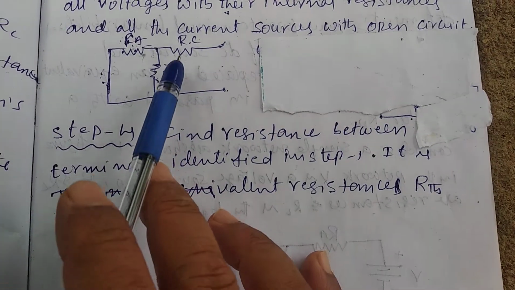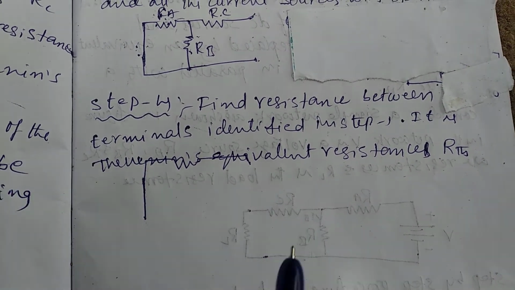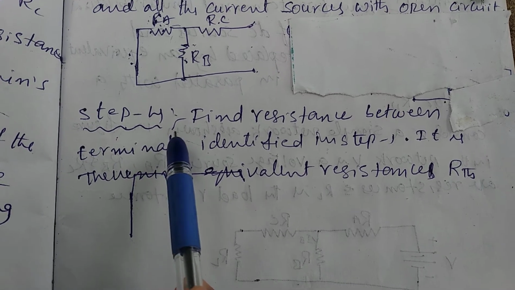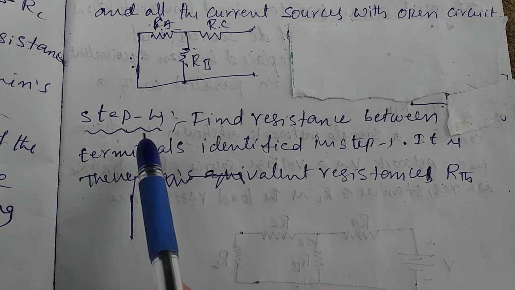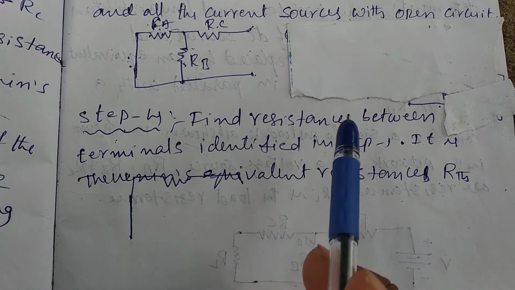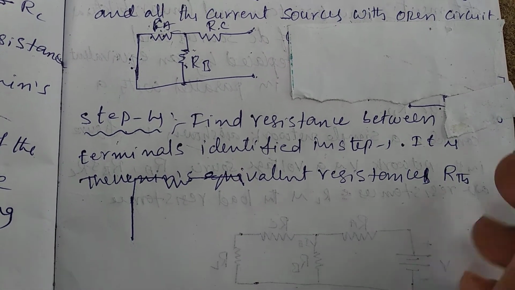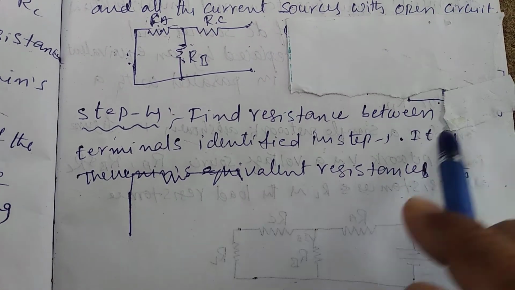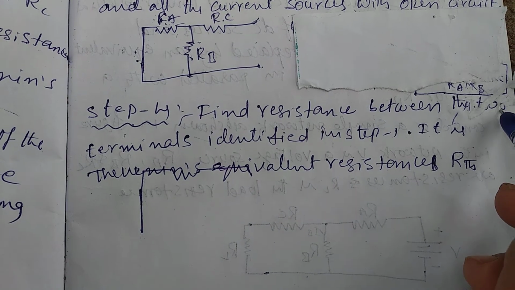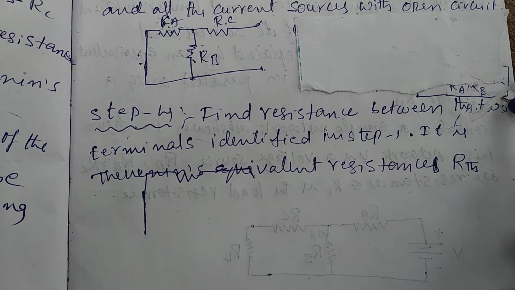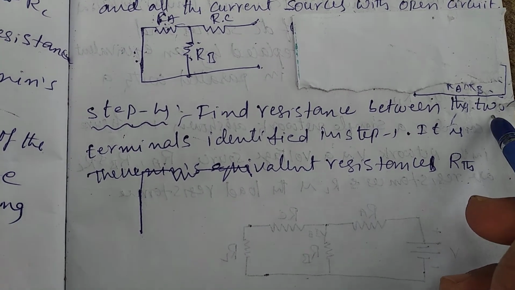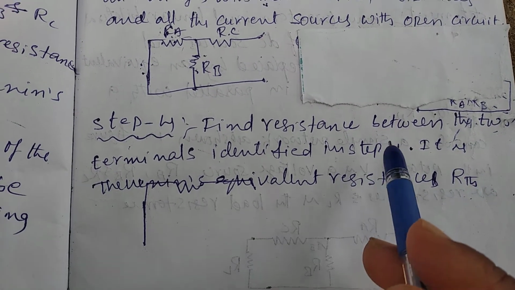From this diagram we are going to calculate the total resistance. For this, step 4 will be used. Step 4: find the resistance between the two terminals identified in step 1.